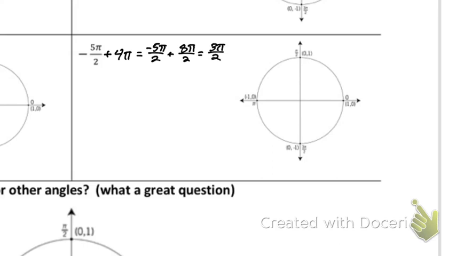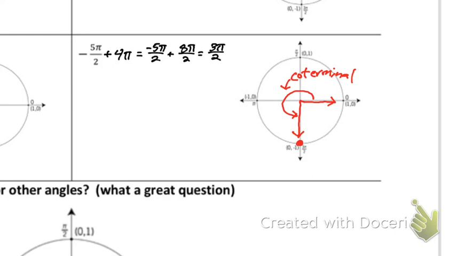Now, here's the subtle difference. This is going to end up in the same place, but just remember that this is a coterminal angle. We are using it to find its position, but it is not the actual angle. So at no point should I say that these are the exact same angles. They aren't.